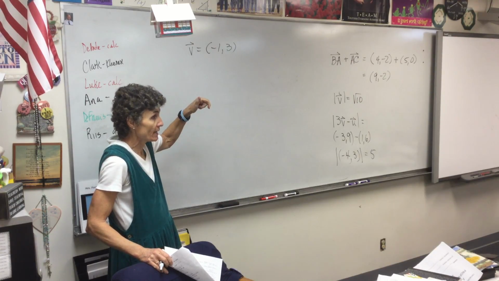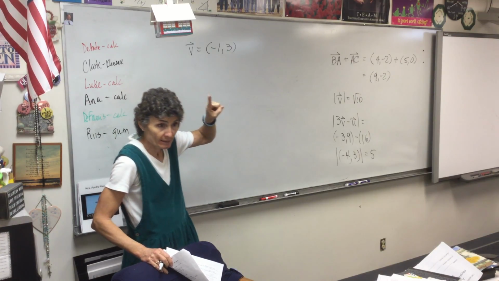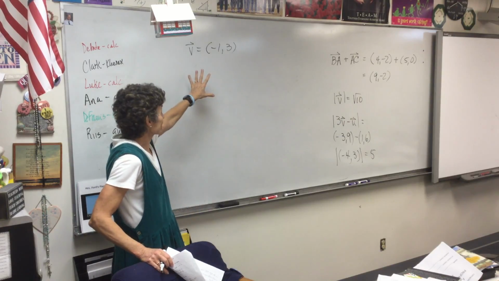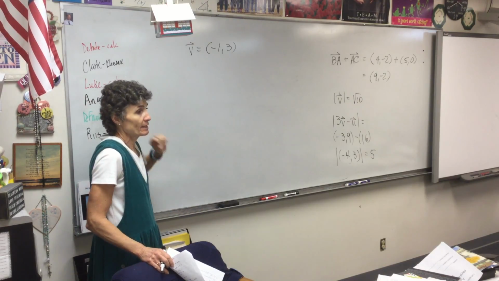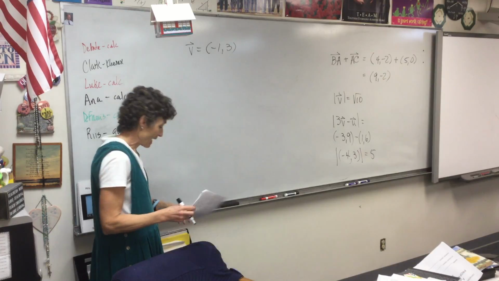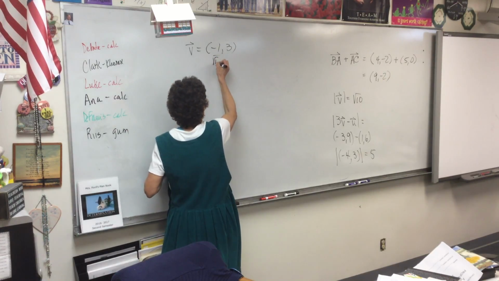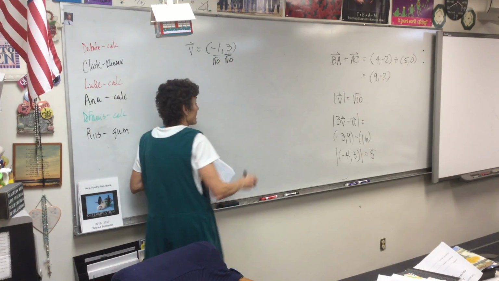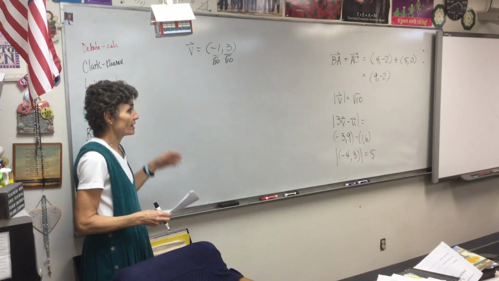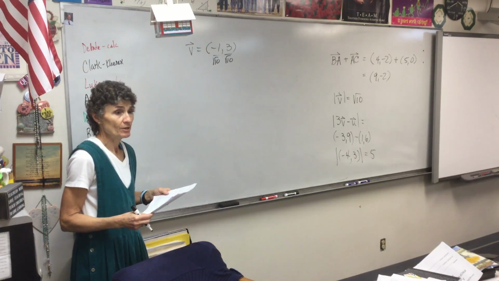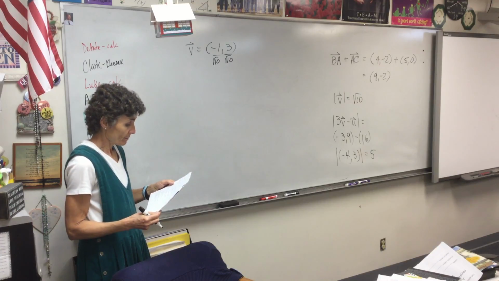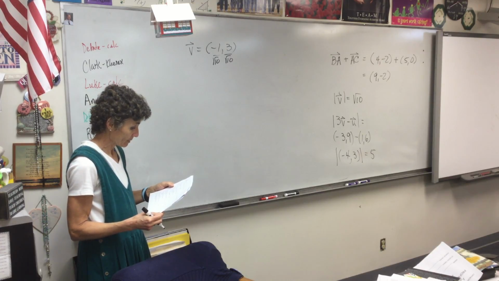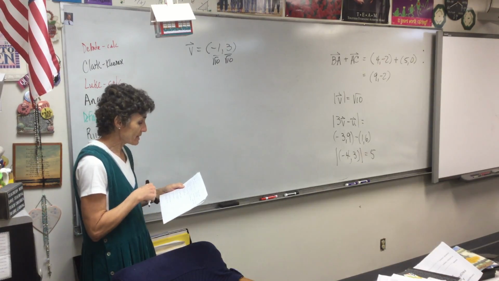If you're a unit vector, your length is 1. So how do I make it a unit vector? Divide it by its magnitude. So I just divide both of these by root 10. I don't have to rationalize it. That will be the unit vector. We did that yesterday. We also did number 8 yesterday.